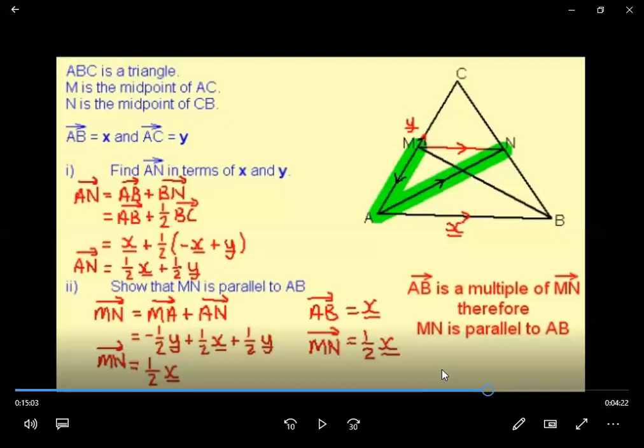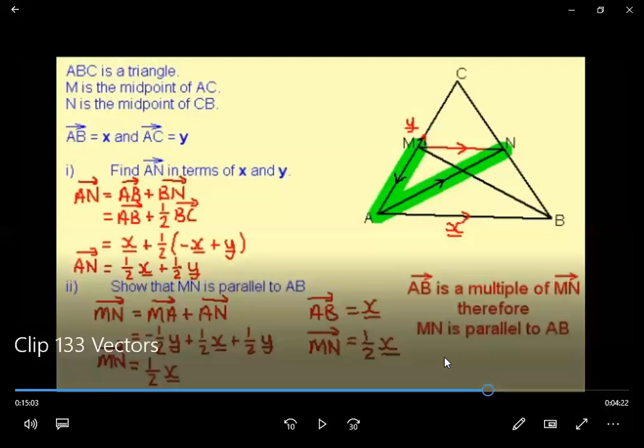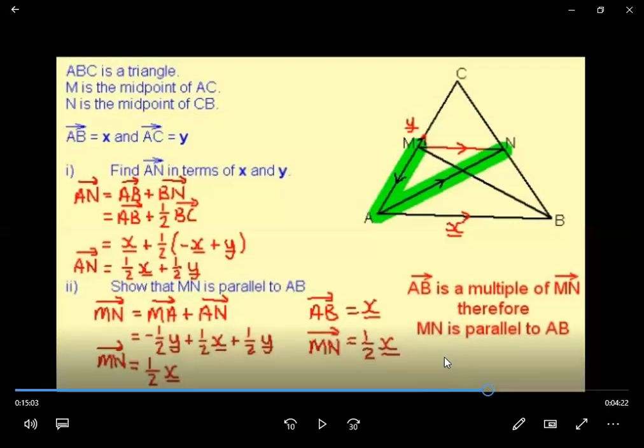So for 3 points to be collinear, the 3 points must be on the same line, and a part of that line must be a factor of the whole line. When we get to collinearity, you'll understand clearly what I'm talking about. Is that clear to everybody? So the same rule that is applied to parallel vectors is the same rule that is applied to collinearity.